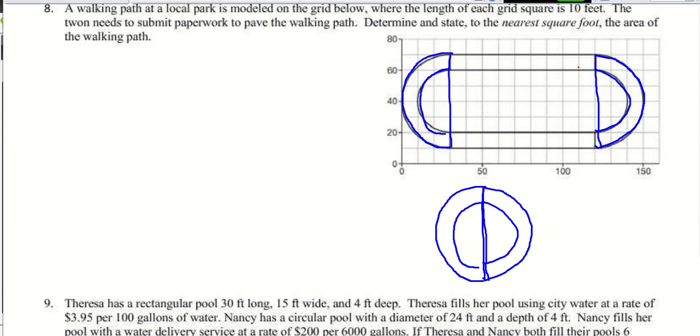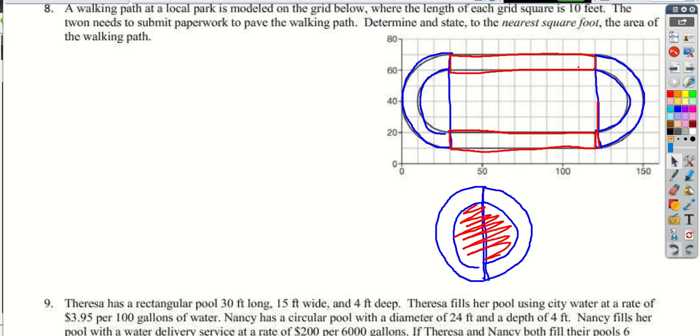So I'm essentially doing the area of this rectangle, this rectangle, and I have this blue circle, and I have this hole in the middle of this red circle. So remember the radius to go from here all the way out. There's two different radii here.